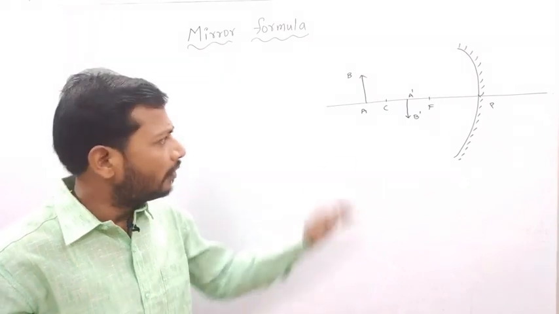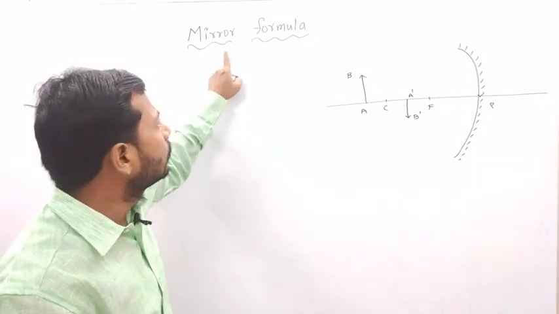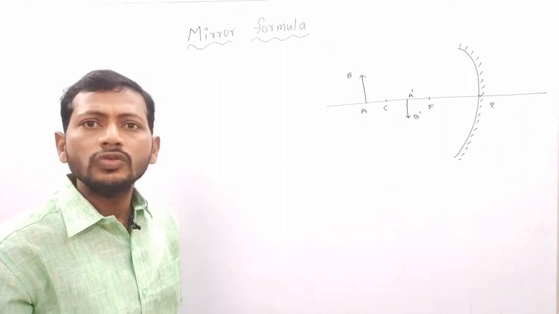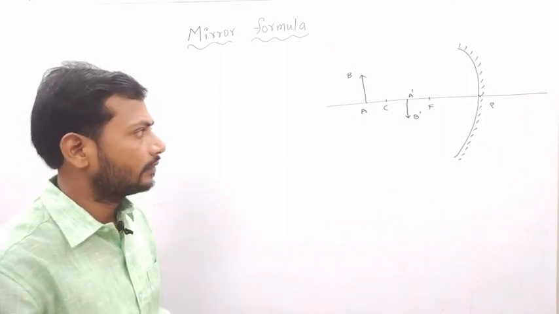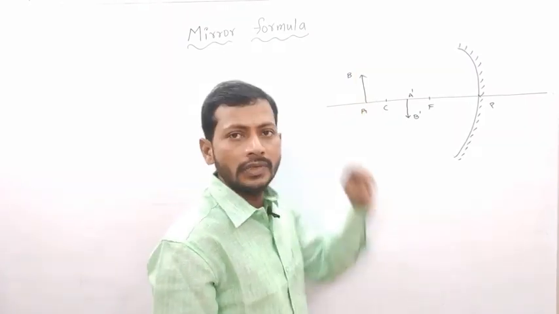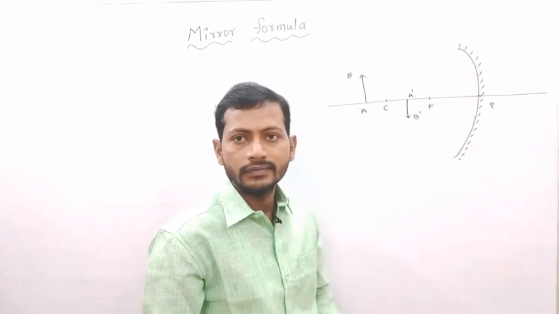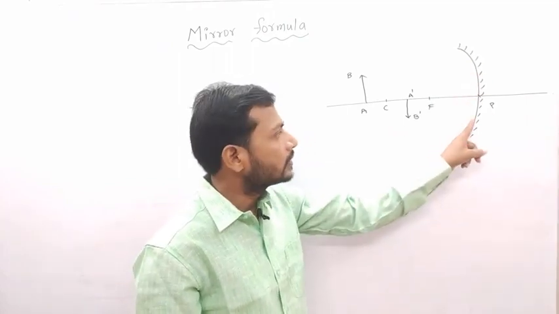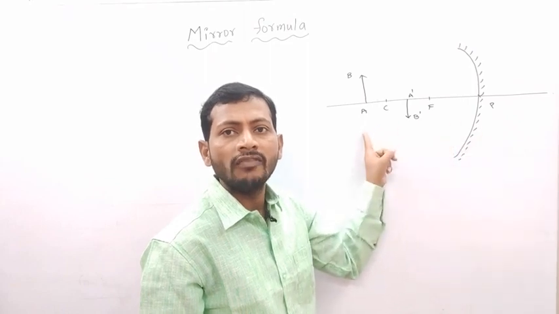Before completing the ray diagram, I have to write the mirror formula definition. Observe, AB is the object, this is the mirror. What is the distance of the object?